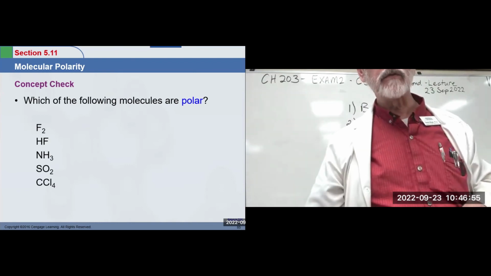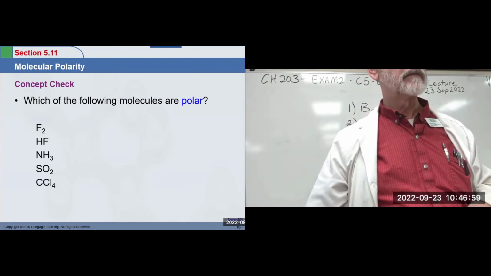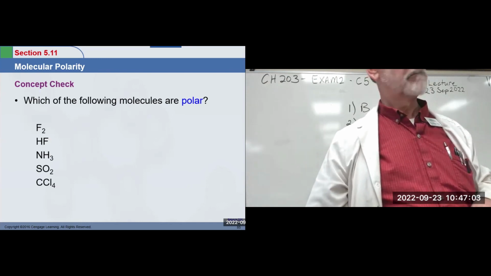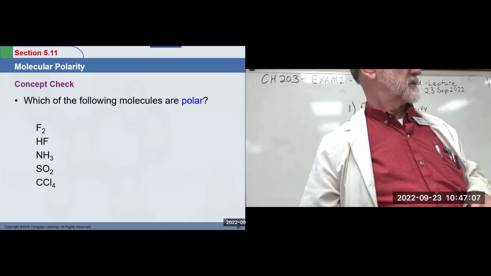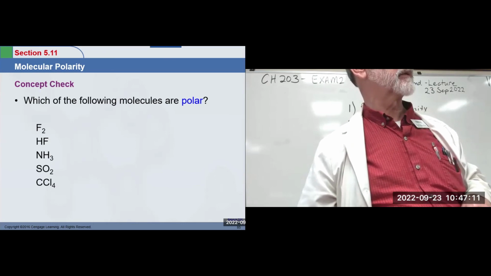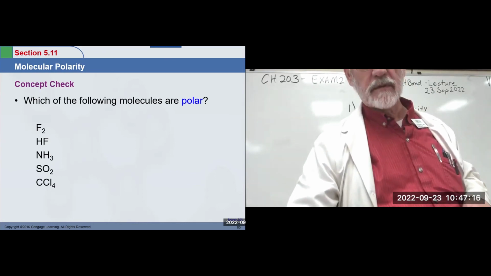How about SO2? I think that's a linear molecule. No, it's not. So it'd be polar toward the oxygen. I think oxygen is more polar than sulfur. Sulfur is the central atom. Which of the following?